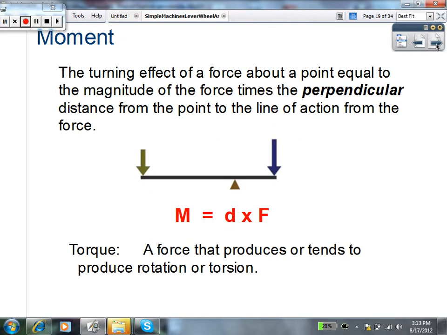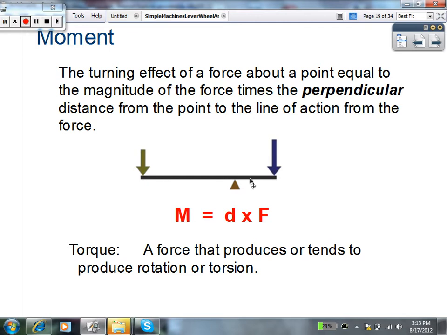Now, if you think about this, we need to look at another concept, the concept of moment. The moment is the turning effect of a force about a point, equal to the magnitude of the force times the perpendicular distance from the point to the line of action. If you look at this lever, here we have a resistance force pushing down.